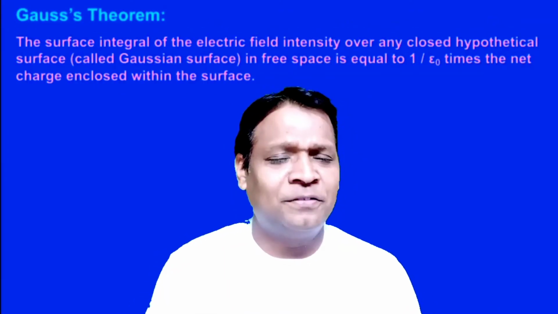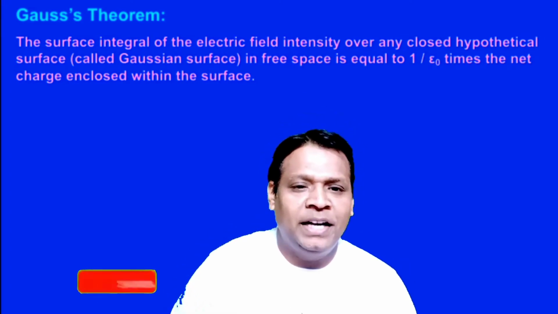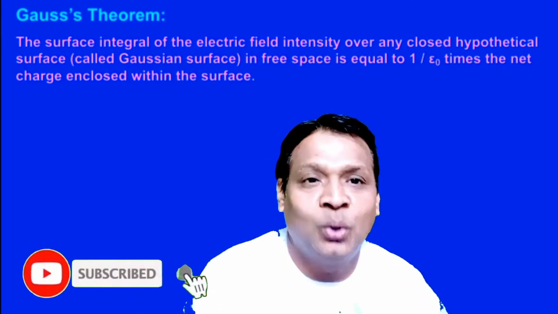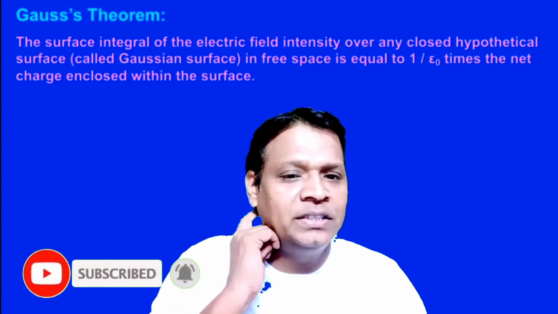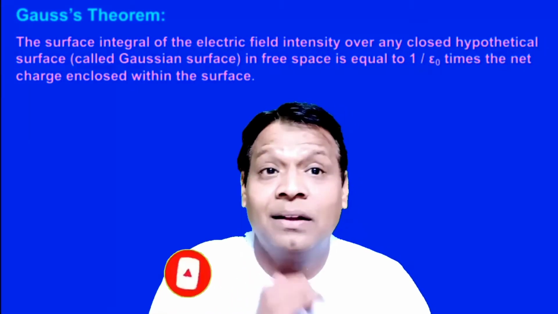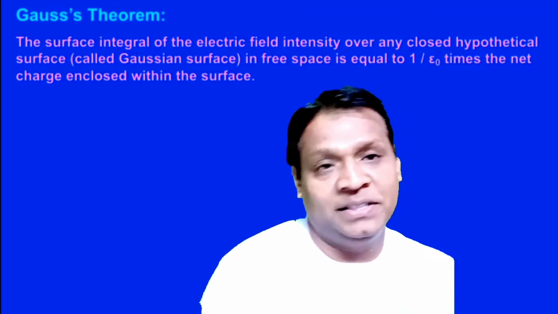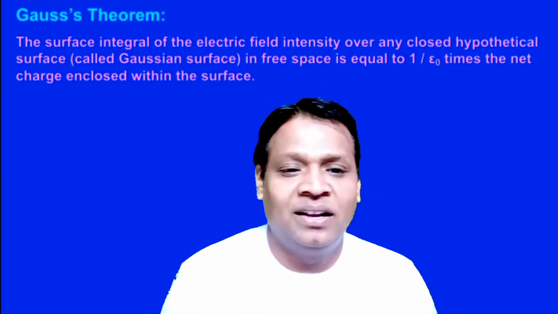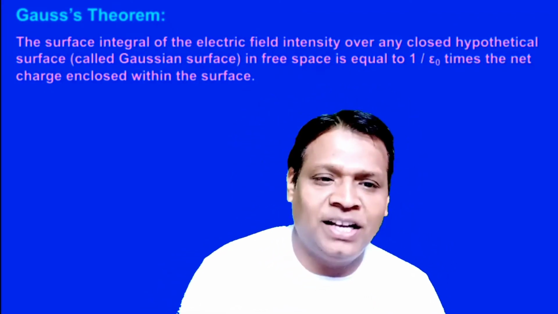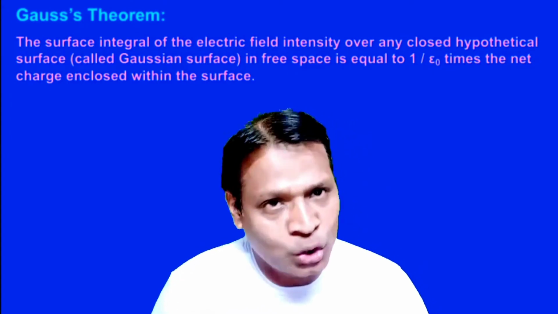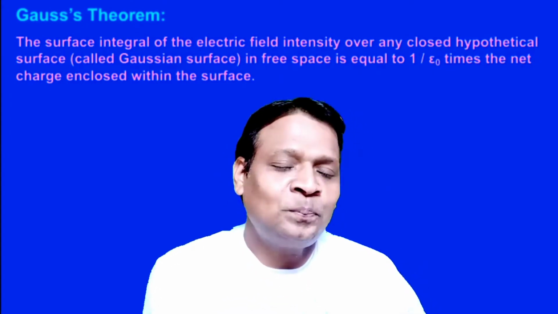As we know, the surface integral of an electric field intensity over the closed hypothetical surface, which we will call later the Gaussian surface, in free space is equal to 1 upon epsilon naught times the charge enclosed by that surface.